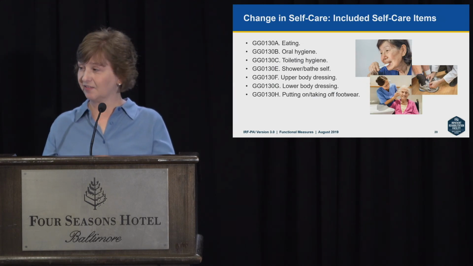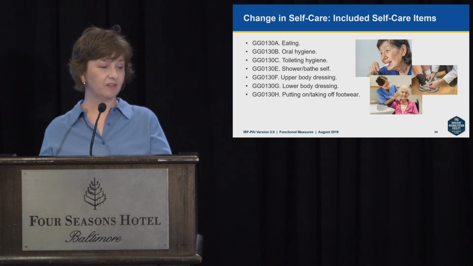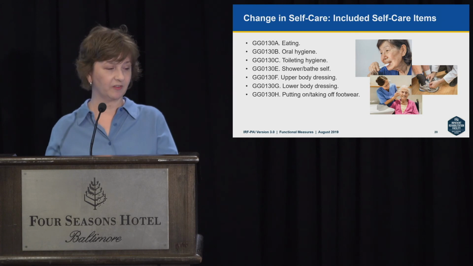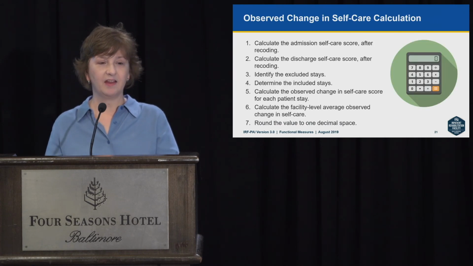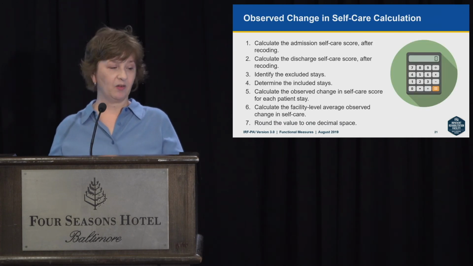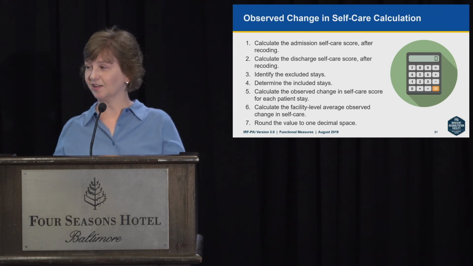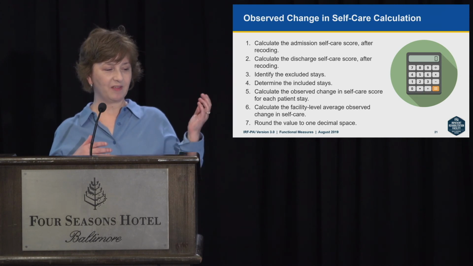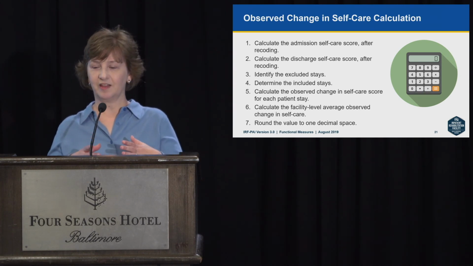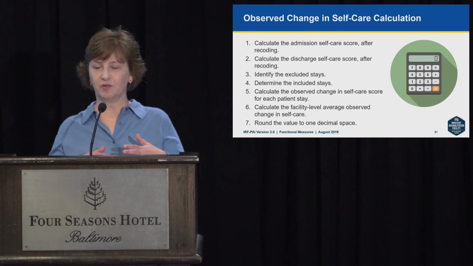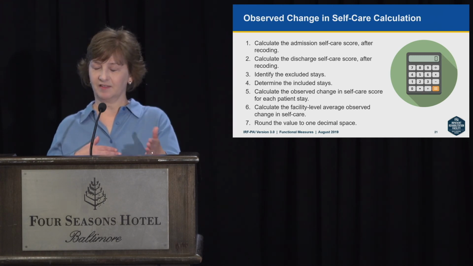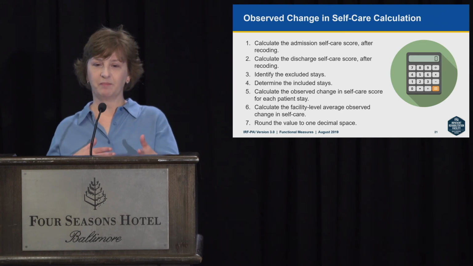The activities that are included in this change in self-care quality measure are all of the 7 activities for self-care that were covered this morning. Just to give you an idea about how the change in self-care is calculated, this does get a bit technical, but basically on admission, the scores, as you know, can range from 1 to 6, with 6 higher indicating more independence.